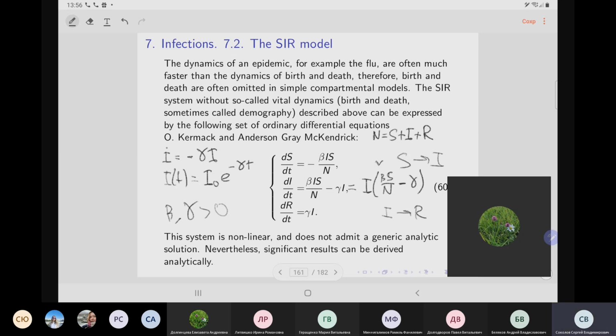So let's try to understand what the last equation gives us. We see that the differential of I will be positive if the quantity is greater than 0, and it is negative if the quantity is less than 0.